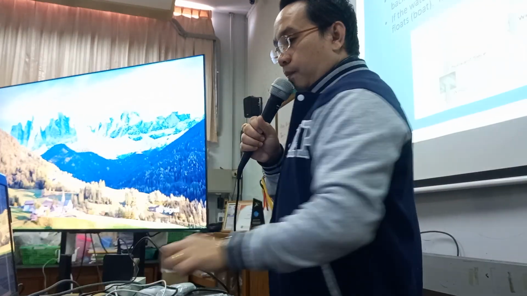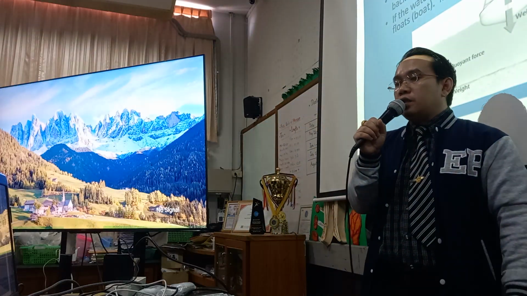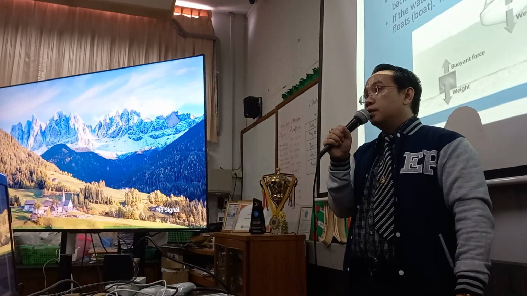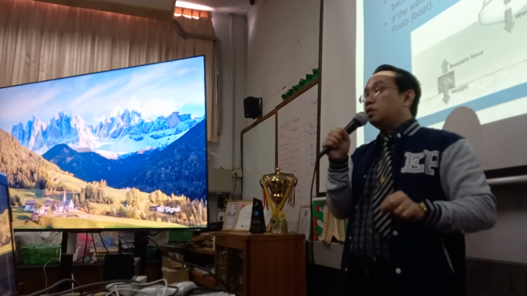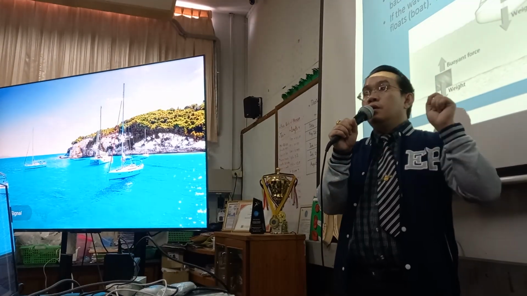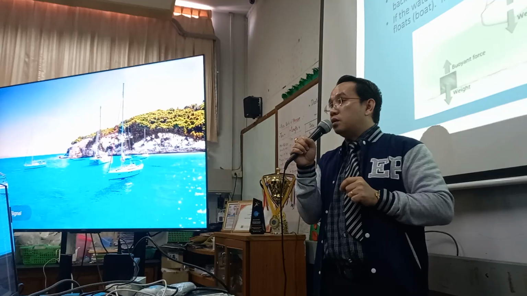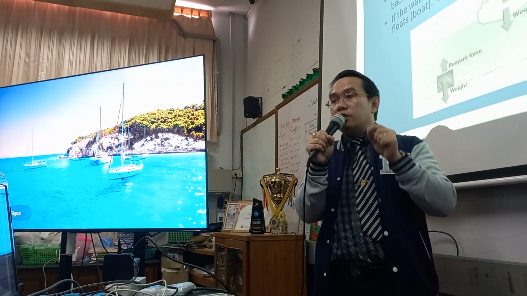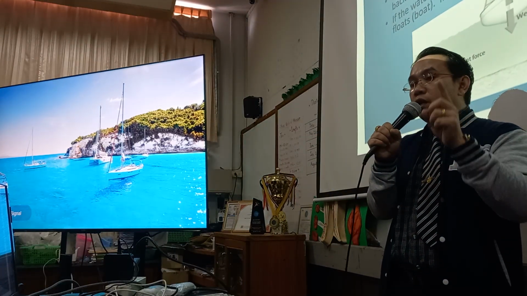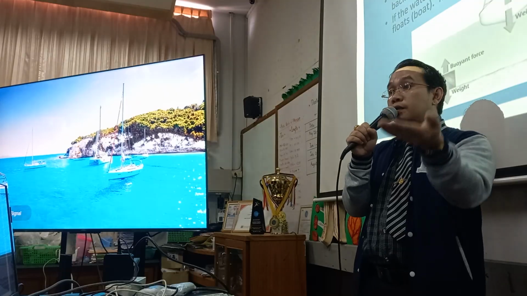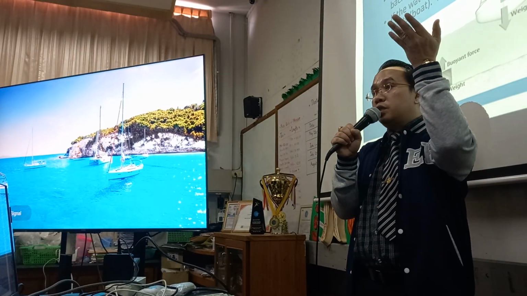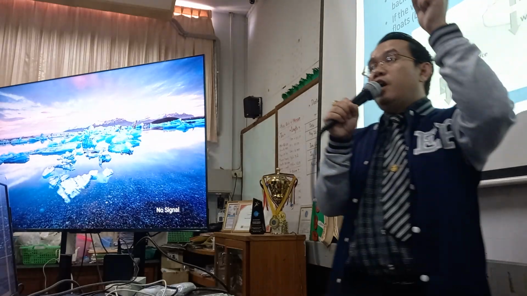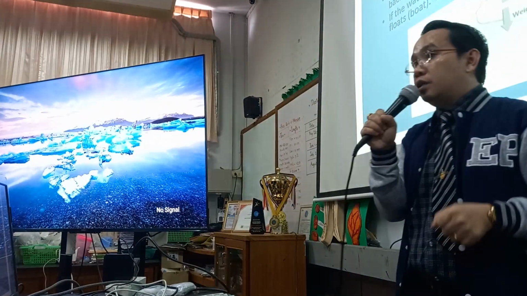So to continue, what causes buoyant force? Always remember, instill this in your mind. It's because it's also present during your midterm test. What causes buoyant force? Buoyant force is what? Upward or downward force? Upward force. When we talk about gravitational force, upward or downward force?